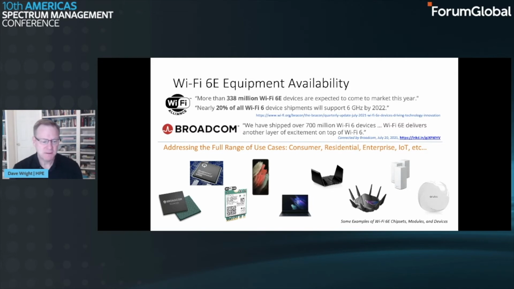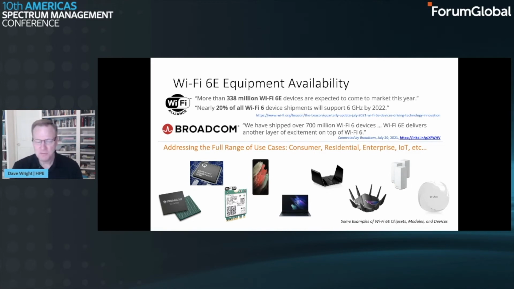So, we've got a range of different form factors and use cases represented by the unlicensed and Wi-Fi ecosystem that is already available for the 6 gigahertz band. Broadcom and Qualcomm chipsets, Intel modules like the AX200, which goes in a variety of form factors for laptops and tablet devices.